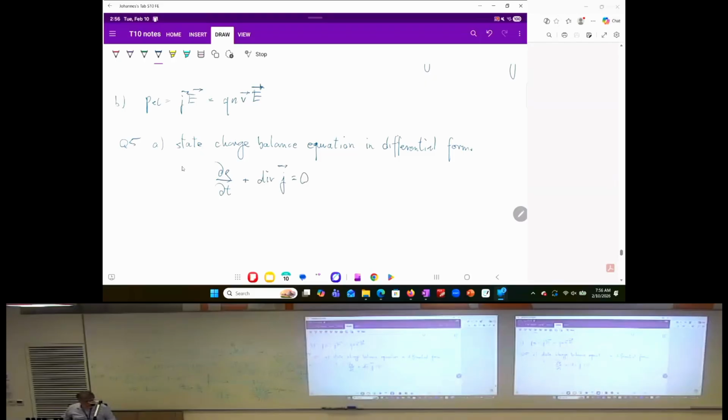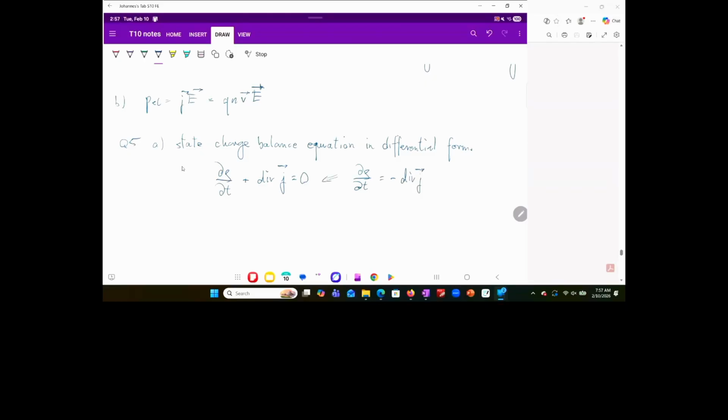That you remember, the change of charge with time is equal to minus the divergence of J. So that follows immediately, this here follows the balance equation.